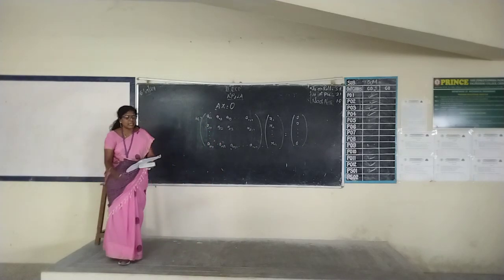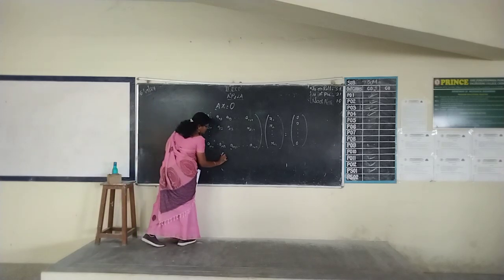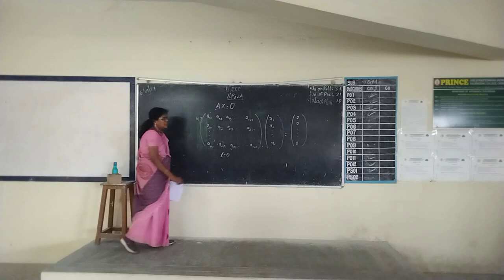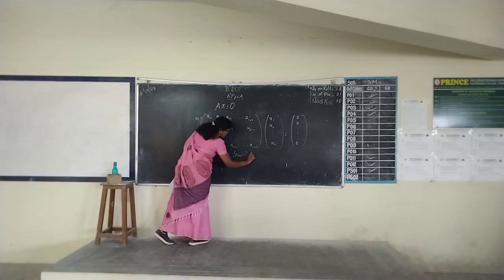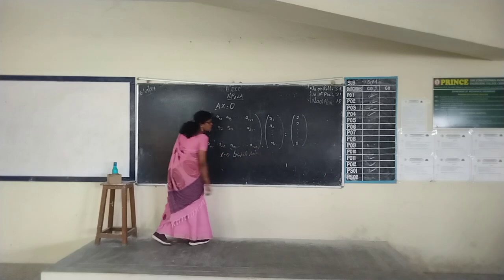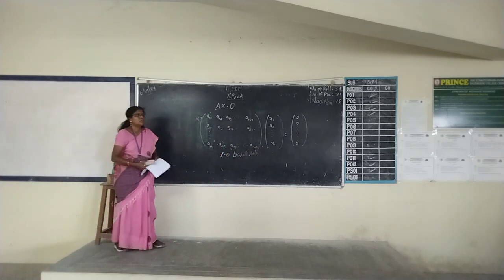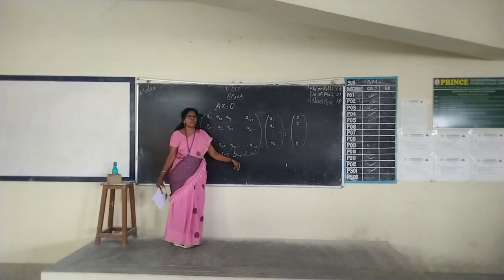Write the next one. X = 0 is called a trivial solution. Why is it said to be a trivial solution?